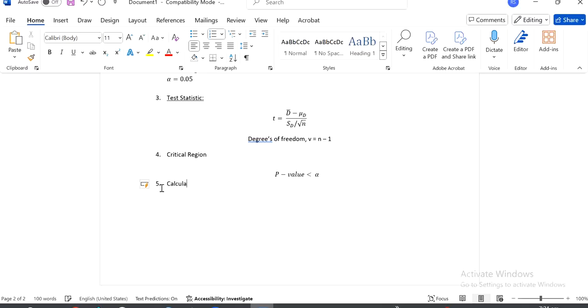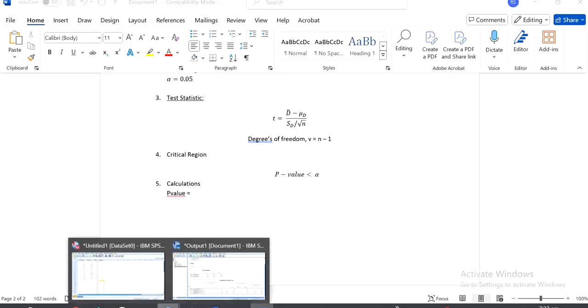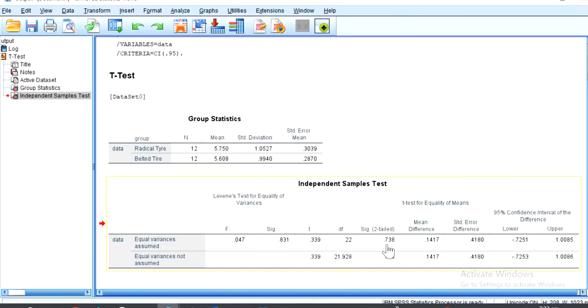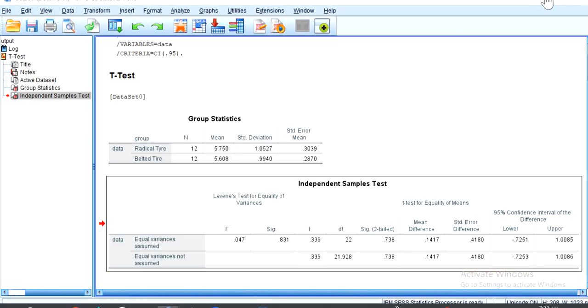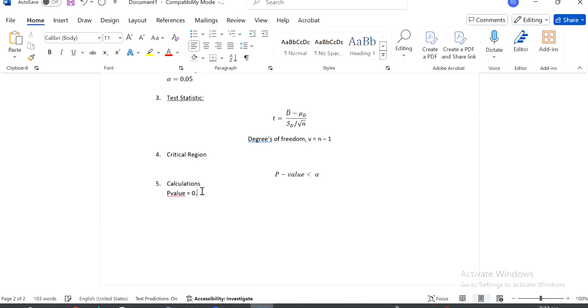Calculations. We need the p-value, which is 0.738. Obviously, if you are performing any assignment or doing case studies, you need to write down the output here, the output which you get from the software.